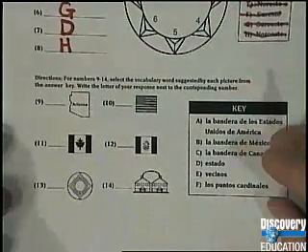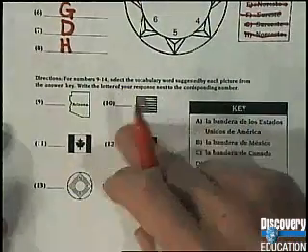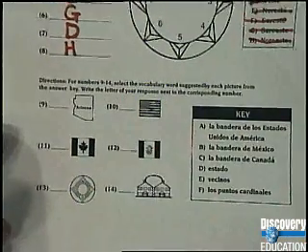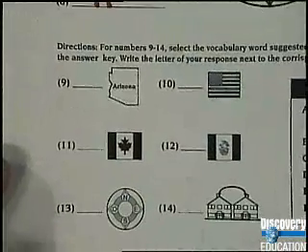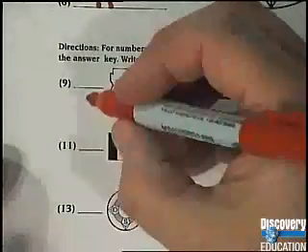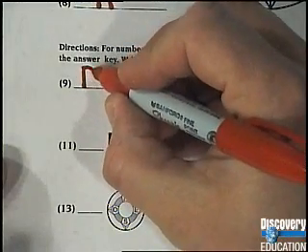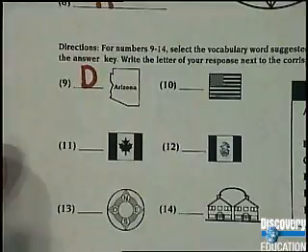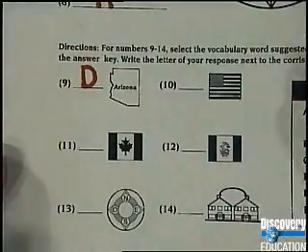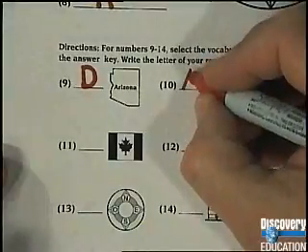Okay, here we want to choose the vocabulary word that best fits each of the pictures, okay? And let's look at this a little bit closer. Okay, this first one here, Arizona, es un estado. Letter D. Number 9 is letter D, estado. Number 10, that's the flag of the United States, la bandera de los Estados Unidos de América.